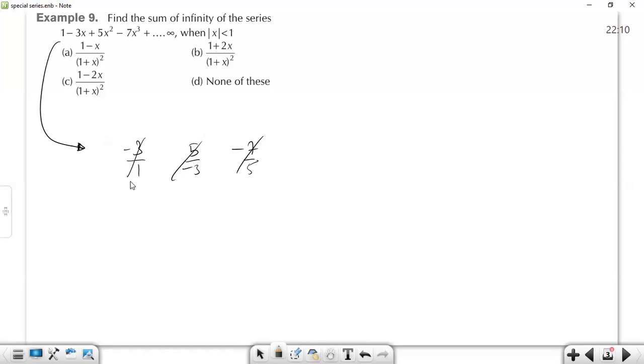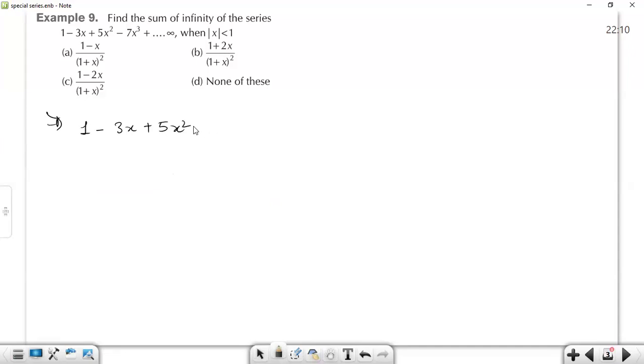Now let's check whether this is an AGP or not. For AGP, we have to break down the terms. So let's write them: 1 minus 3x plus 5x square minus 7x cube plus, going till infinity. If we break this down, we can write 1, plus 3 into minus of x, plus 5 into minus of x square.